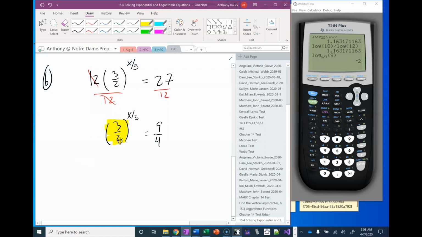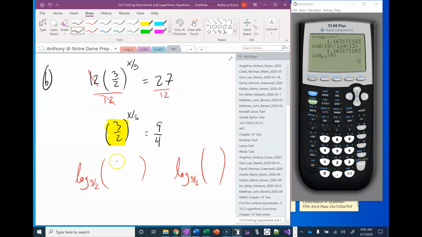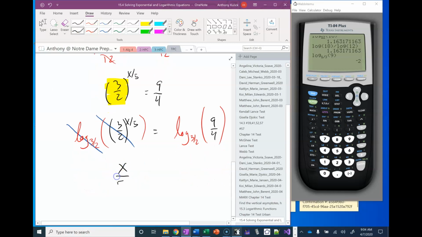So I need to cancel out this exponent base of 3/2. To cancel an exponent base, I need to use a logarithm with the same base. So the logarithm I'm going to do to both sides is log base 3 over 2. And so we know that log base 3 over 2 cancels exponent base 3 over 2, which just leaves us with x over 5.